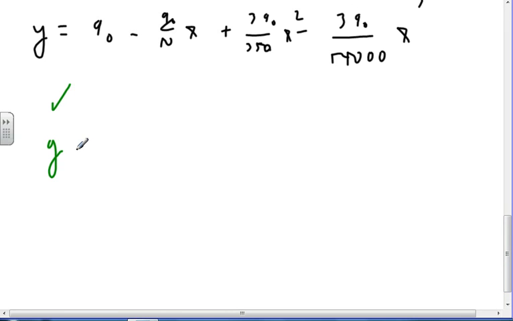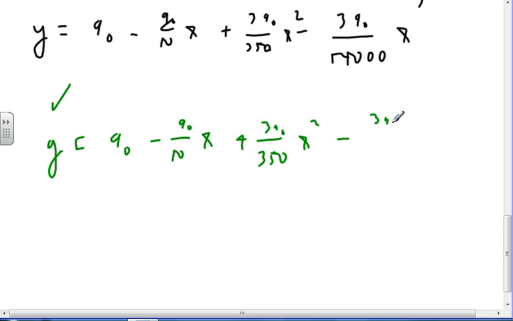We have that y is A0 minus A0 over 10 plus 3A0 over 350x squared minus 3A0 over 14,000 x cubed. Y prime. Do we need more than one? Yes, we do.